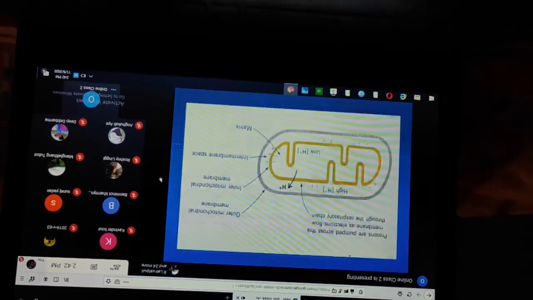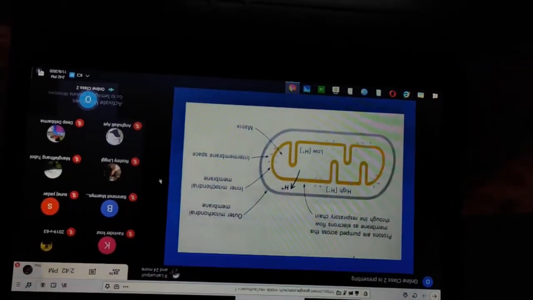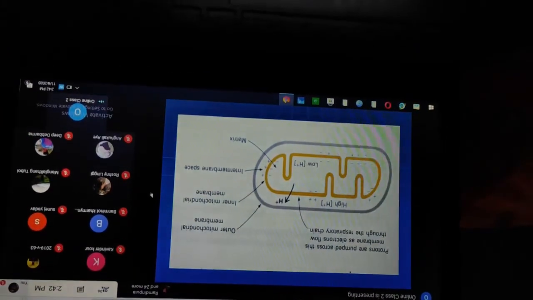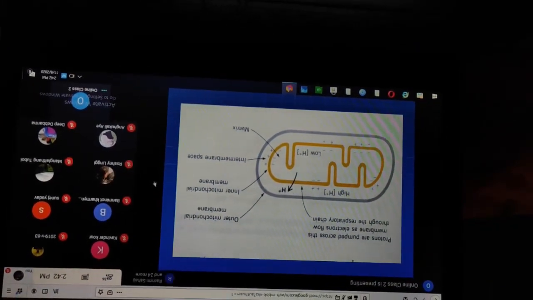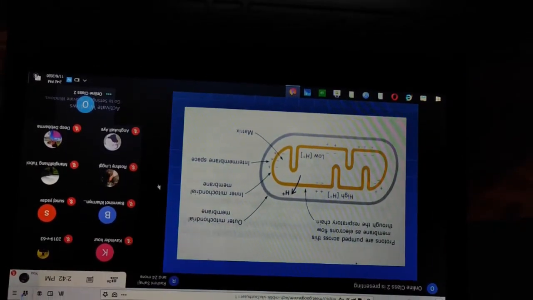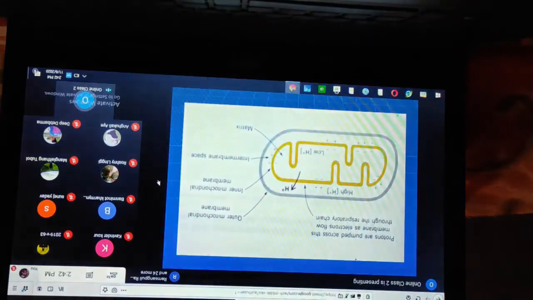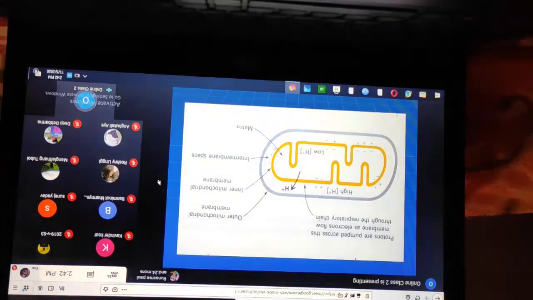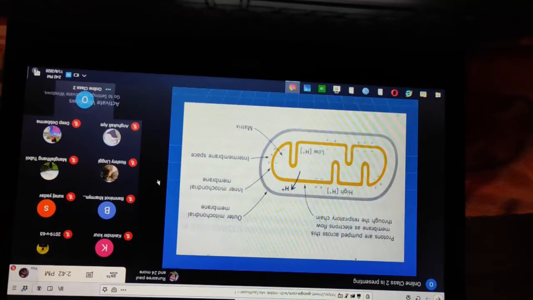See here, you have the mitochondrial matrix and the intermembrane space. When the electrons are transferring through this inner membrane of the mitochondria, that results in the pumping of protons. These protons from the matrix come out to the intermembrane space.